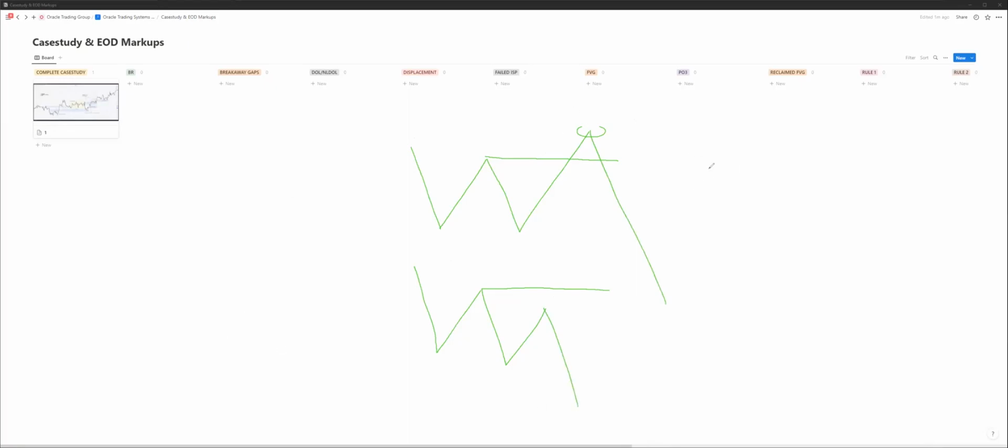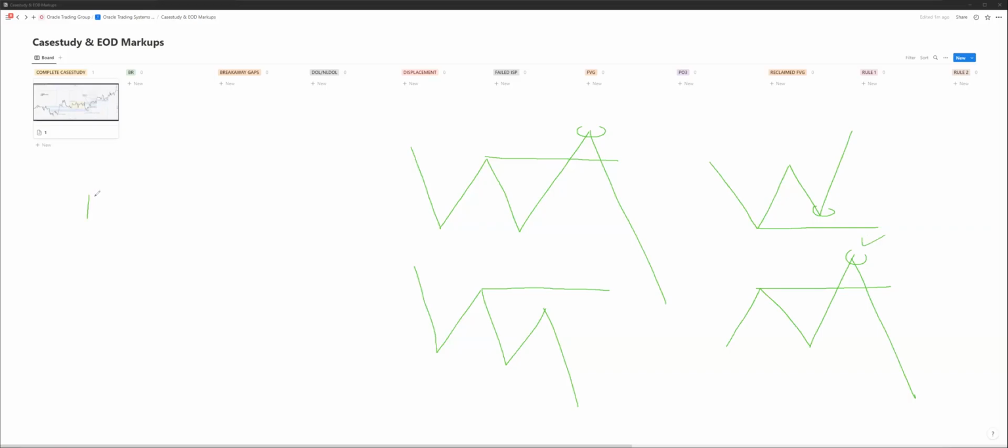You can also look at this on the DXY. If you have a higher low on the DXY, but instead of making a lower high on EU, you make a higher high, you'd look at this as a reversal, right? Because it's showing weakness and it's showing that this is in fact a sweep.